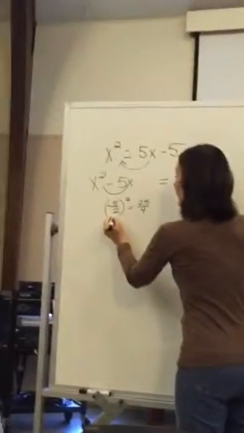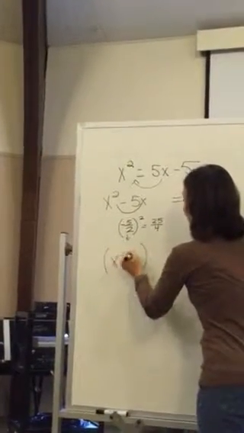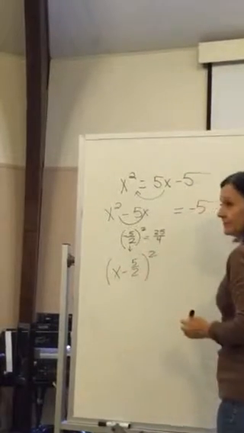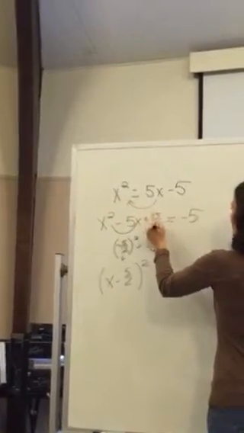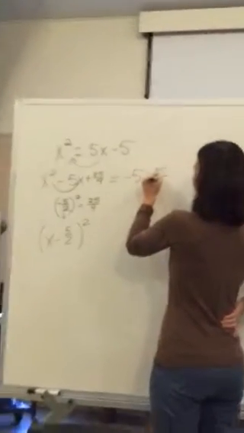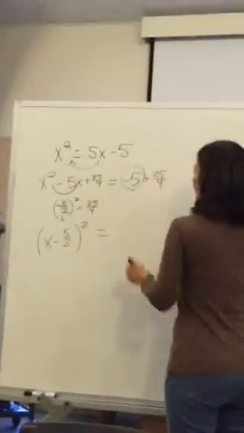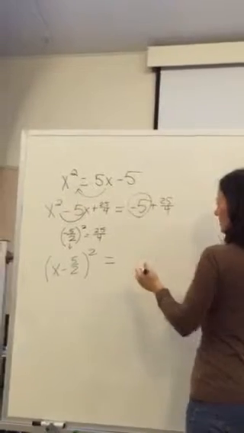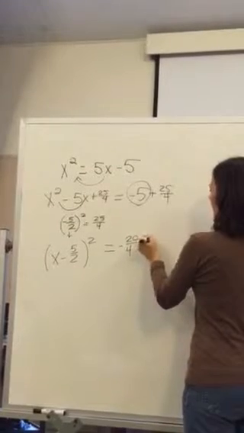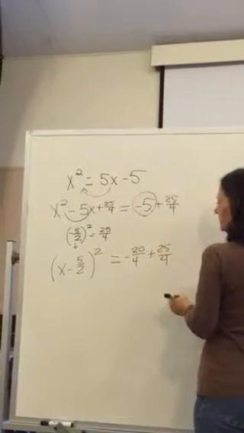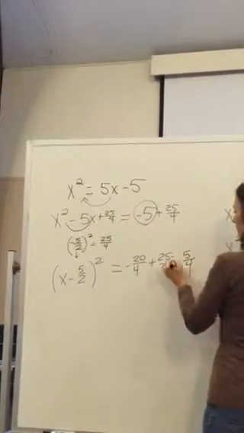But what's under here is what I'm going to have squared: x minus 5 halves squared. I am going to add 25 fourths to both sides. So let's change negative 5 to something over 4: negative 20 plus 25 over 4 is positive 5 fourths.